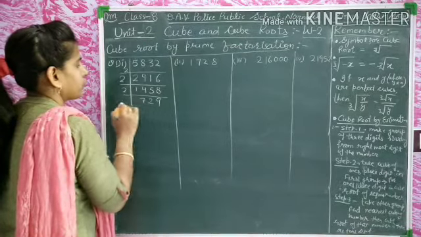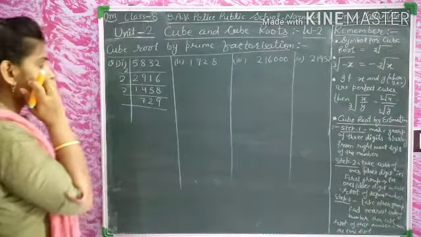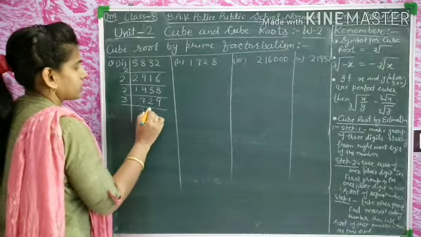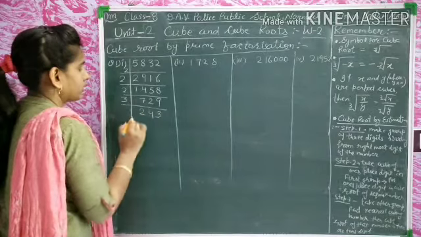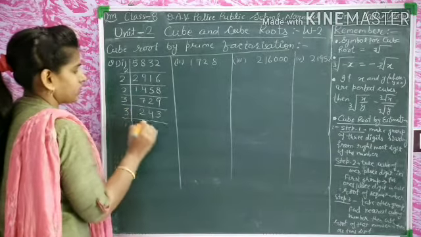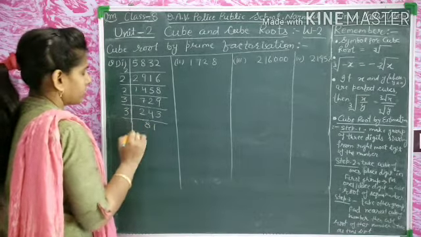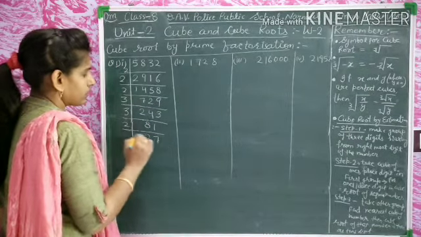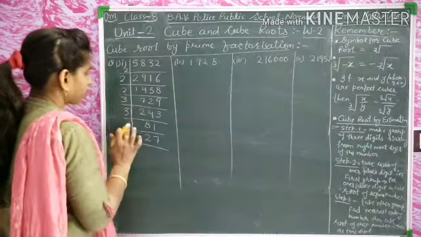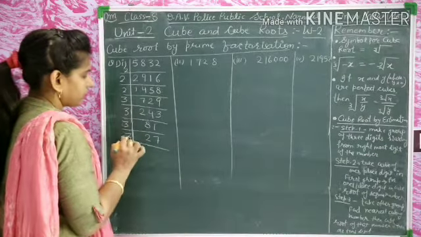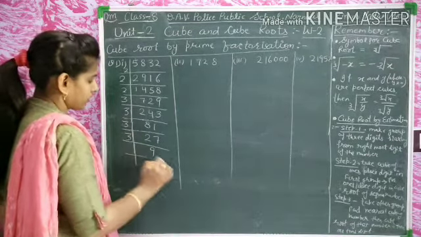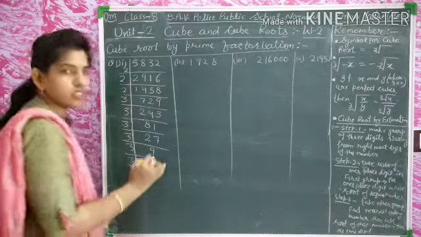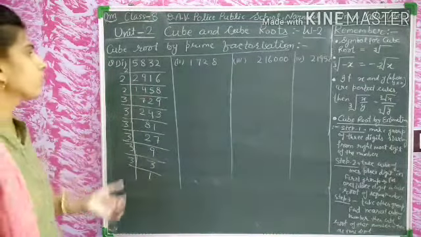Now there is the number which divides by 3: 3 times 2 is 6, 3 times 4 is 12, 3 times 3 is 9. And again 3: 3 times 8 is 24, 3 times 1 is 3, 3 times 2 is 6, 3 times 7 is 21. Now again 3: 3 times 9 is 27, 3 times 3 is 9 and 3 times 1 is 3 here.